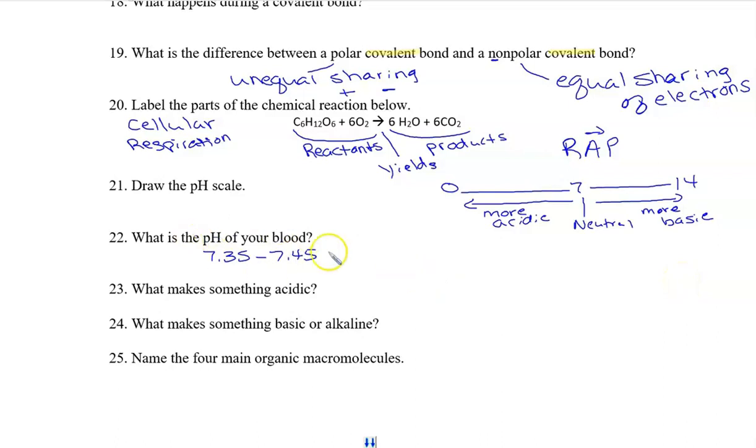And you try to stay in this range. If you get too low, that is something called acidosis. If you get too much acid in your blood, you'll die. I think it's like below a 7, I don't know the actual number, I used to, you'll die.